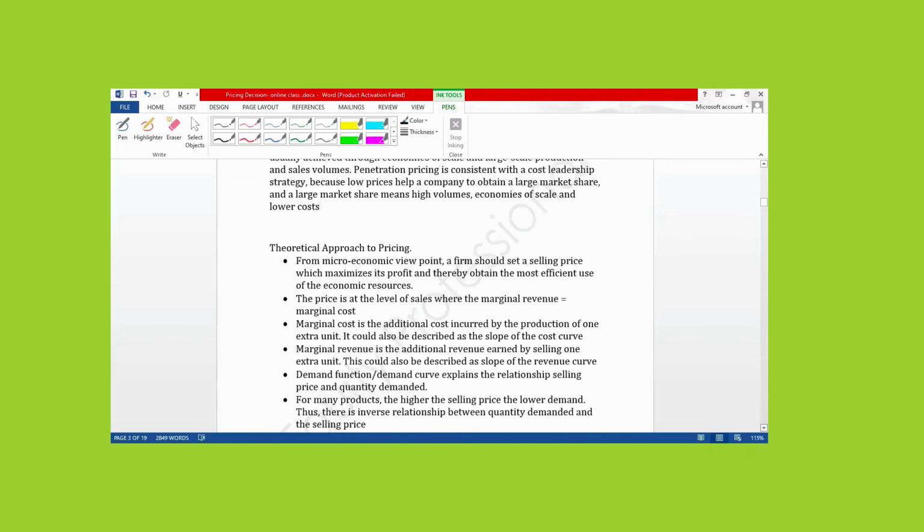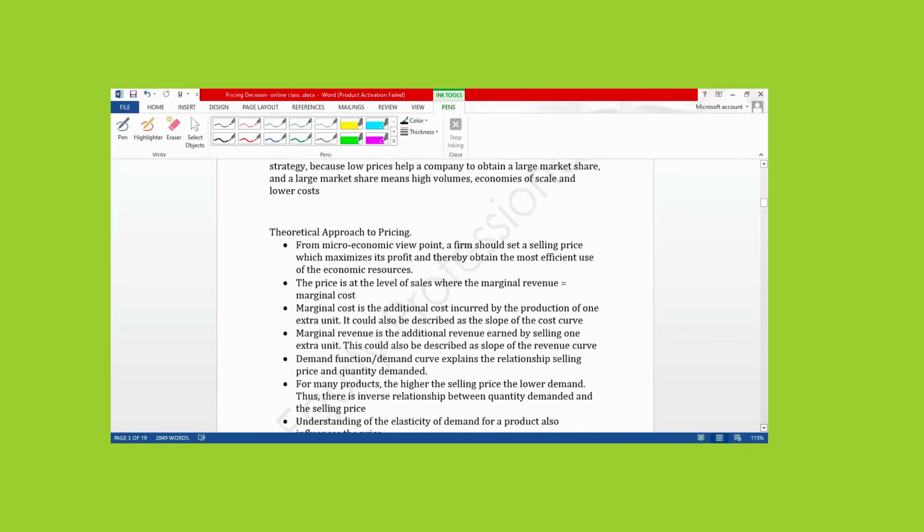Tonight, we shall start with the theoretical approach to pricing. What is the theoretical approach to pricing?